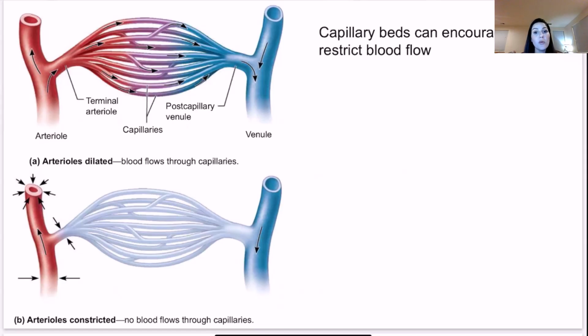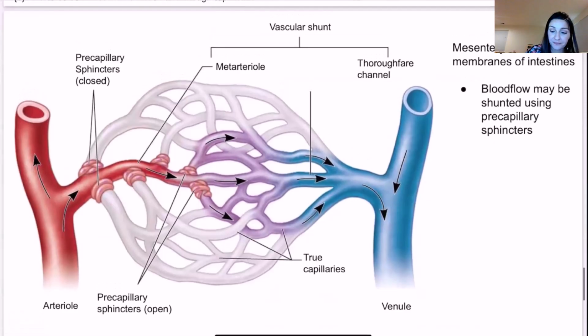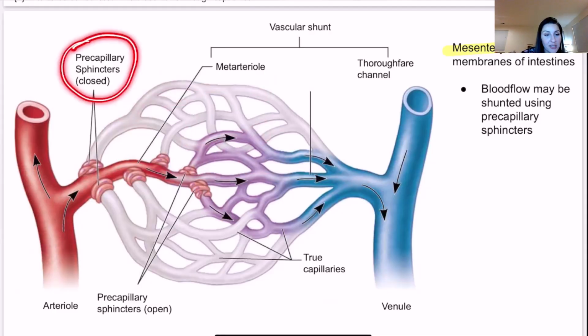This happens in most regions of the body, but some regions are special, and one of those regions is called the mesenteries. The mesentery is a bunch of serous membranes around the intestines, and the intestines are really important for digestion. So instead of shutting off that whole capillary bed, we still maintain blood flow through there. But how these gray areas are shut off is because we have what are called precapillary sphincters.